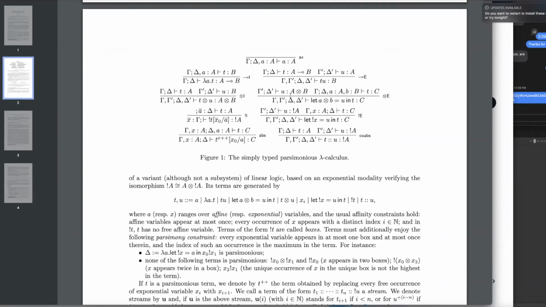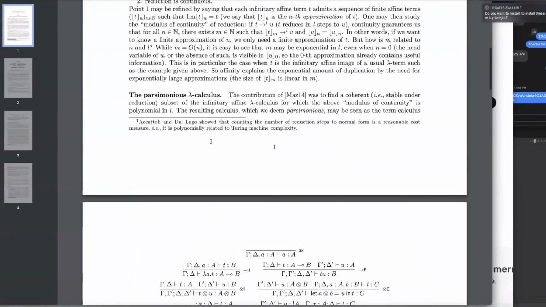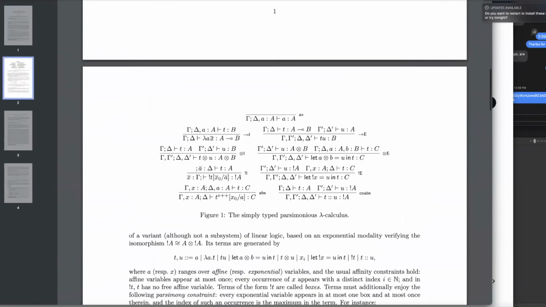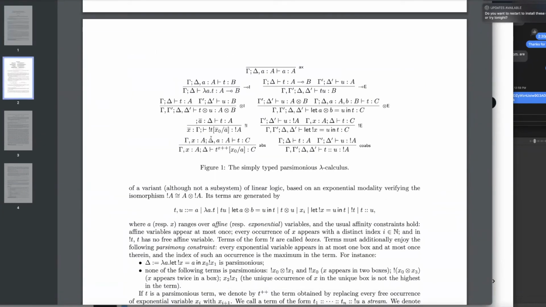Over here, we're going to have the dual between forming tensors and picking them apart, right? So over here, we have that gamma delta gives you that T is of type A, and gamma prime delta prime give you that U is of type B. Then, piecing the gammas together and the deltas together. So he is providing some kind of separation between the gammas and the deltas, and I haven't figured out yet why the discipline is the way it is.